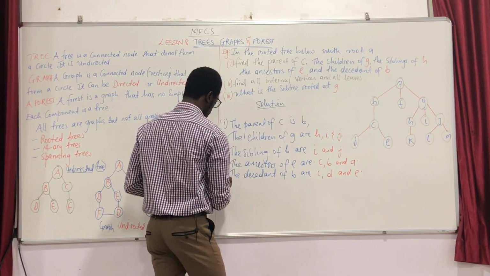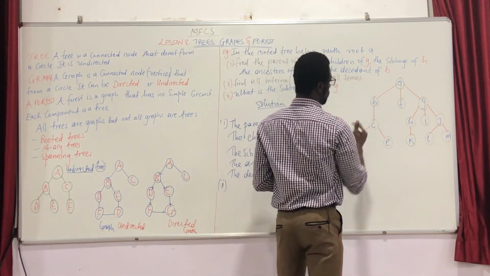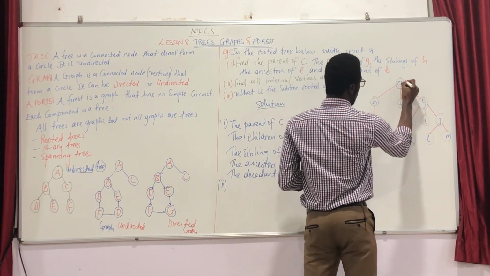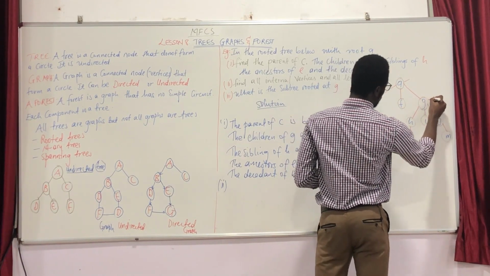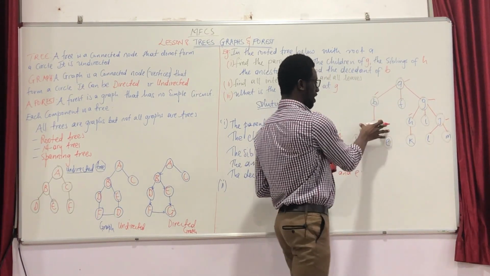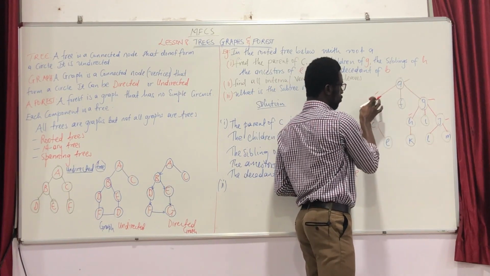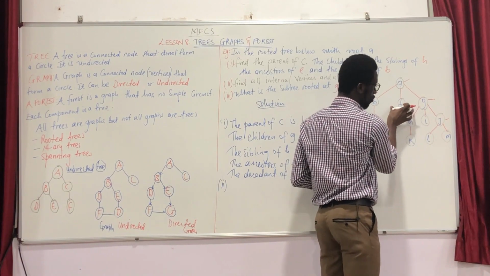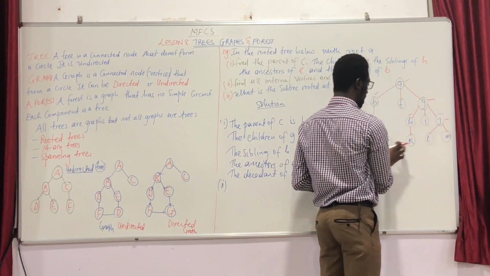The second question here says, find all the internal vertices and all the leaves. Here in this diagram, the internal vertices are A, B, C, G, H, and J, because they form as roots. If you come from here, you come to B. B is a root of C. But this one you can see is not a root. I is not a root. L is not a root. M and K are not roots.